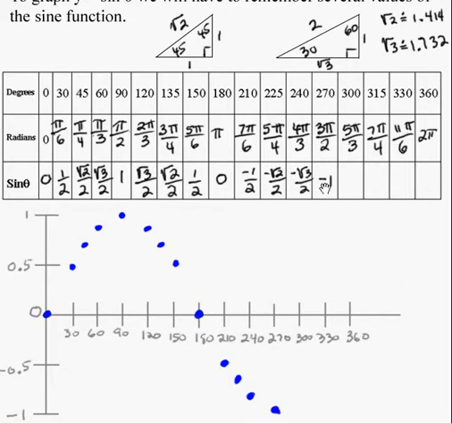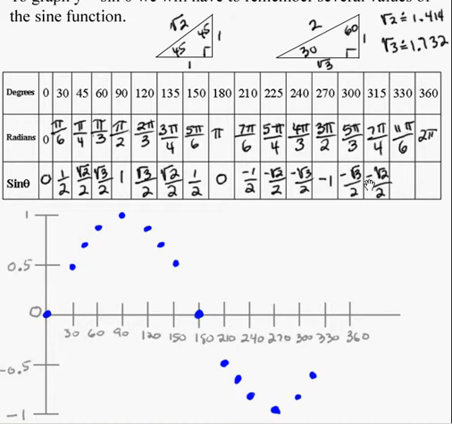Sine of 270 using the unit circle is -1. So sine in quadrant 3 is negative, and looks like it is in quadrant 4 as well. 300 has a reference angle of 60, so that's negative square root of 3 over 2, or -1.7 divided by 2, or -0.8.